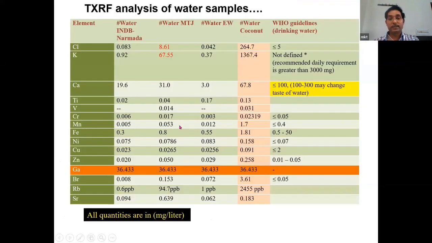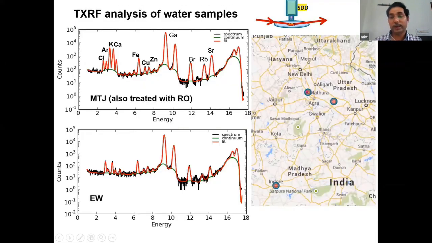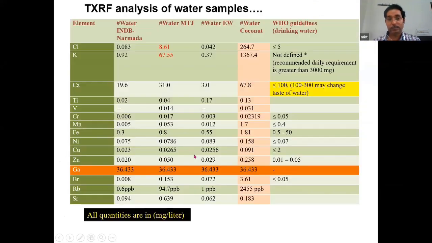Finally, we realize this water which we collected in Mathura is also treated with RO, reverse osmosis, and we realize the potassium concentration is very high. The potassium concentration in the water is slightly high. Similarly, this is groundwater, and simply coconut water.